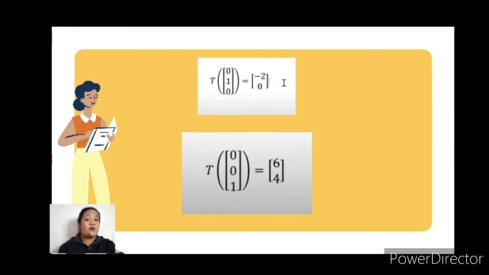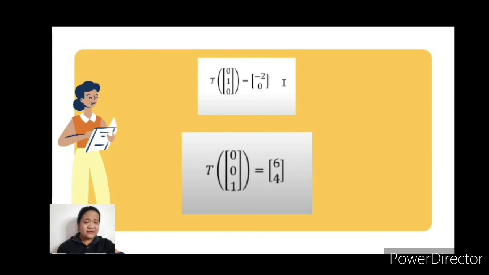For the second column we have the identity vector 0, 1, 0. Just like what we did, we substitute 0 for x1, 1 for x2, and 0 for x3. We do the math and we get negative 2 and 0. Also we have 0, 0, 1, which is e3.